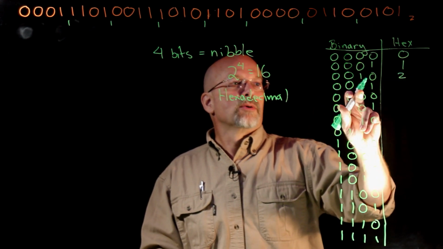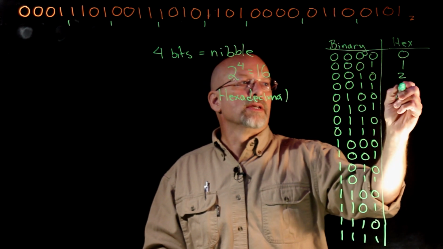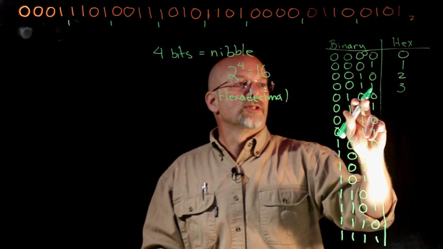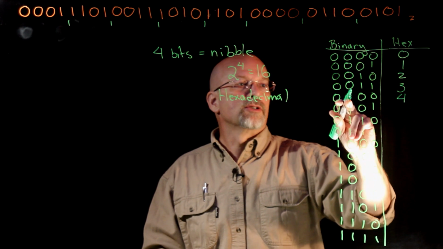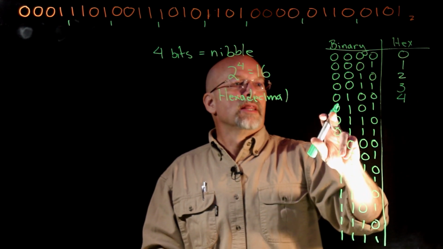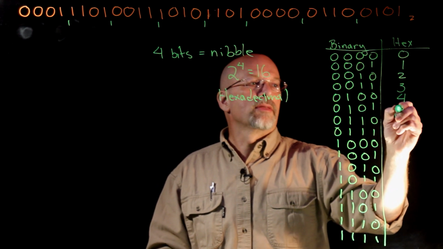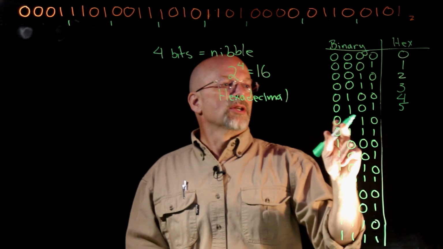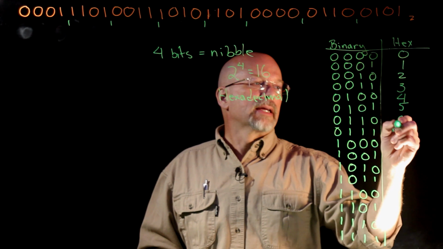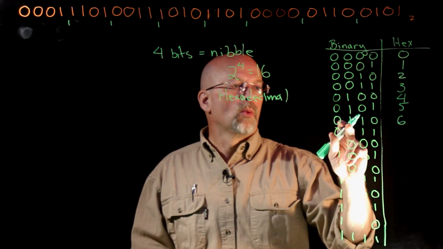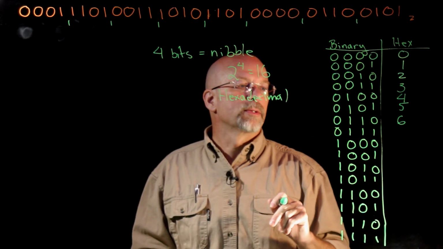And then we have 0, 0, 1, 1, that's 2 plus 1 is 3. 0, 1, 0, 0, that's 4. There's a 1 in the 4 position. Then we have 0, 1, 0, 1, a 1 in the 4 position, a 1 in the 1 position, that's 5. 0, 1, 1, 0, that gives us 6. A 1 in the 4 position and a 1 in the 2's position.